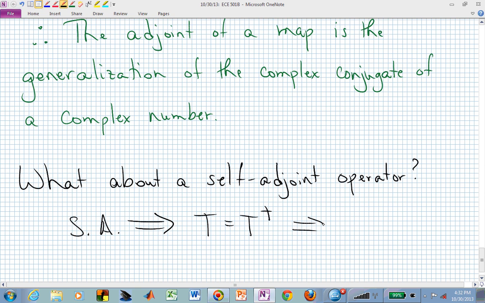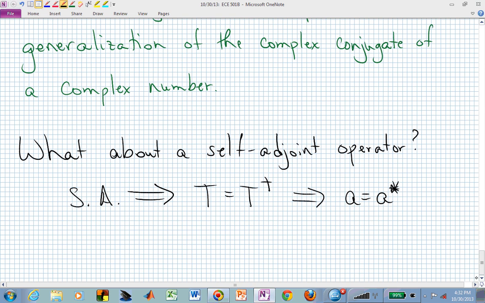But what did we just learn about an operator or a map T and its adjoint? They were related by a complex conjugate, weren't they? So now we're saying that a must equal a star, where a now is a complex number. But it can't have an imaginary part.